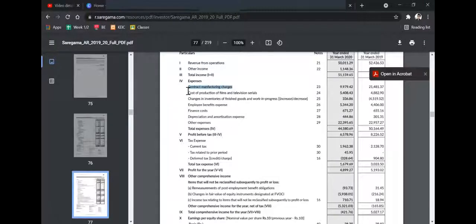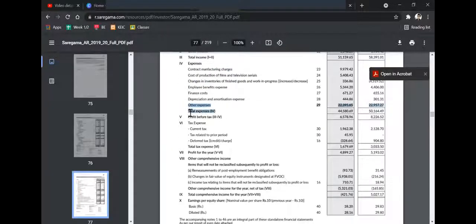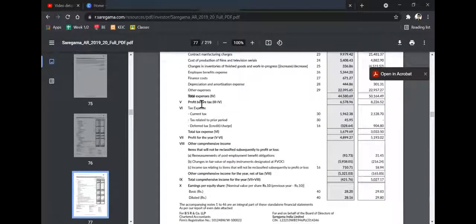Because it's in the manufacturing industry, it's cost of manufacturing, cost of production of films, and this change in inventories. So as you can see, it's basically the same thing. Expenses, then profit before tax, tax expenses, current tax, prior period, deferred tax, tax expenses, profit for the year, other. So this is basically, again, you'll get confused with this part.